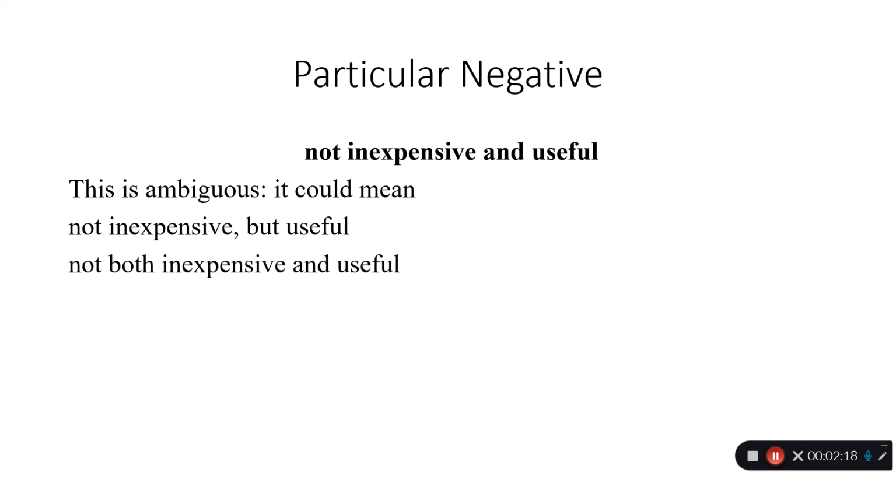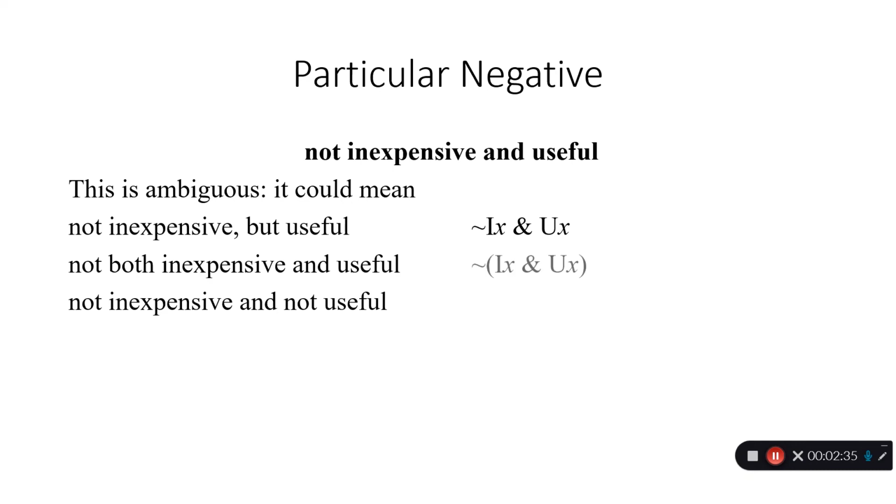They're not both inexpensive and useful, and that's how I interpreted it in the example. It could mean they're not inexpensive and not useful, which we would express as a negation of a disjunction. The first one would be not Ix and Ux. The second, not both Ix and Ux, and not either Ix or Ux, which means neither nor.